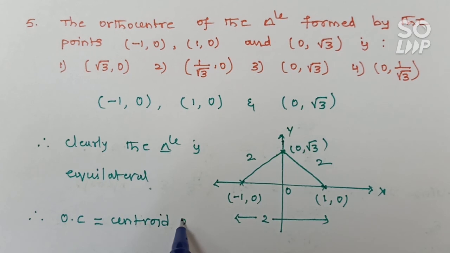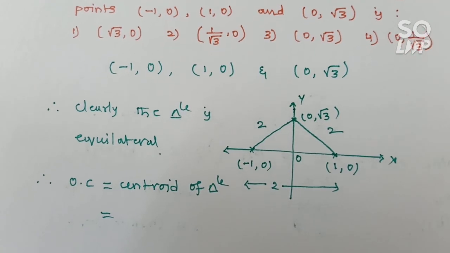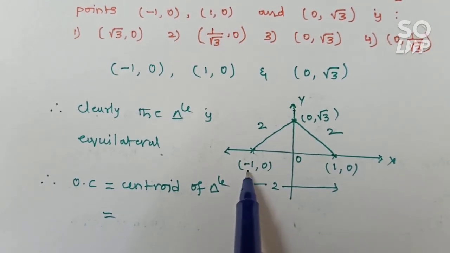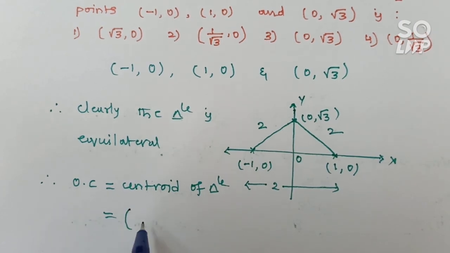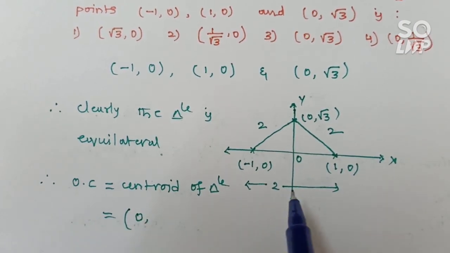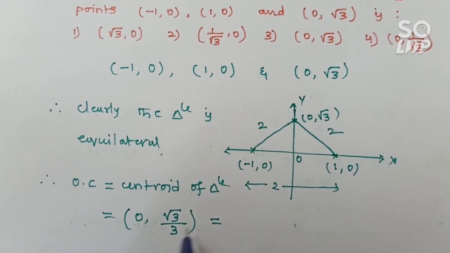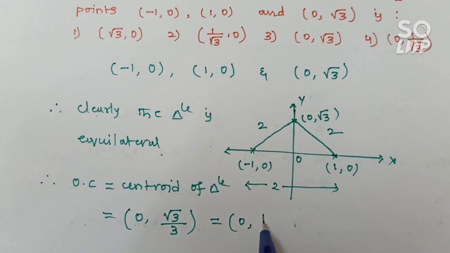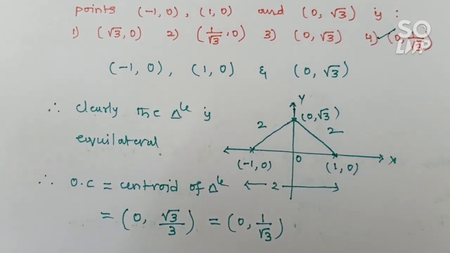What is the centroid formula? Sum of the x coordinates by 3 comma sum of the y coordinates by 3. Sum of the x coordinates: minus 1 plus 1 plus 0 is 0, and 0 by 3 is 0. Next, the sum of the y coordinates is root 3, divided by 3. Root 3 by 3 is 1 by root 3. So the answer is 0 comma 1 by root 3. So the orthocenter of the triangle is 0 comma 1 by root 3, and the fourth option is the correct answer.